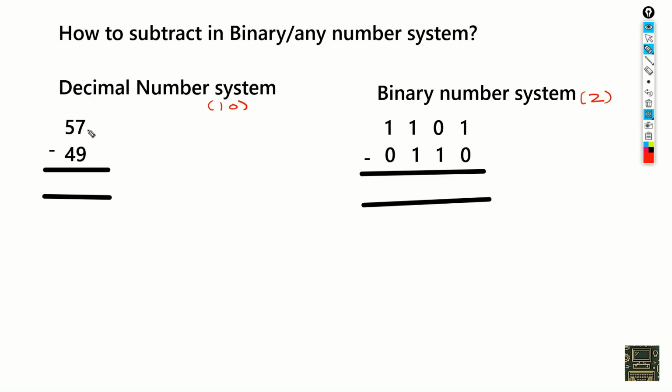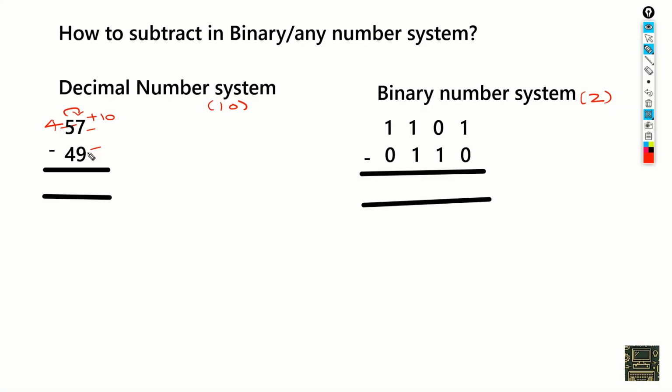We see 7 and 9. Since 9 is greater than 7, we need to take the borrow from the next stage. When we take the borrow, this 5 becomes 4 and we add plus 10 here. So this becomes plus 10 plus 7, 17, and then we subtract 9.